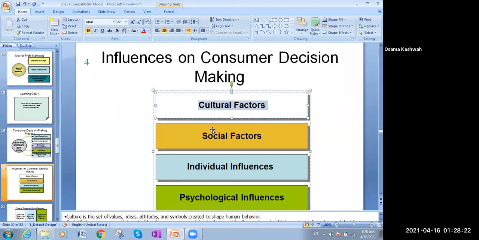In the Gulf area, they all like the white color, so for that reason the majority of the cars there are white. The houses are painted white, and so on. Social factors. What are the social factors which will be put into consideration when making the decision of buying? Individual influences, and psychological influences as well.